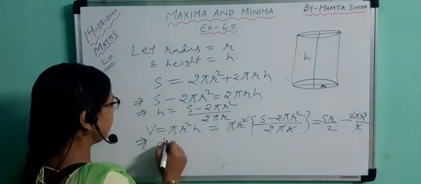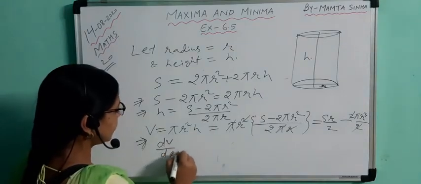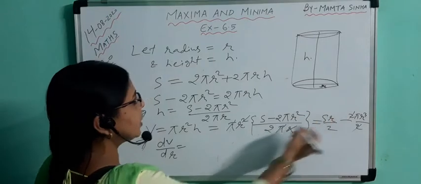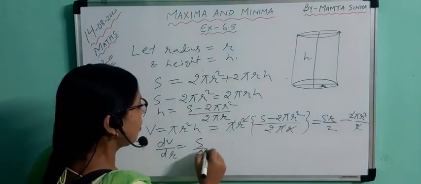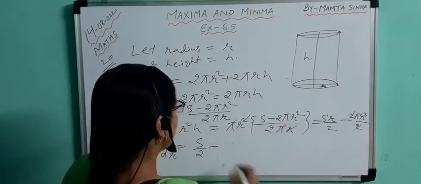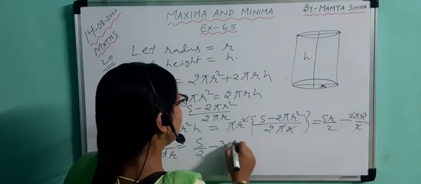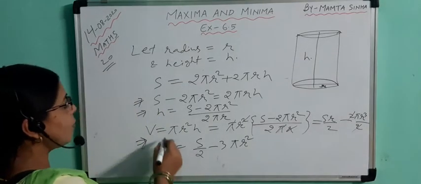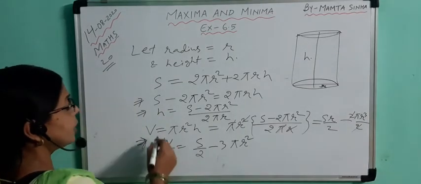We get dV by dr is equal to Sr by 2, derivative of r is 1, so S by 2, minus pi r cube, whose derivative is 3 pi r square. This is the derivative of V with respect to r.